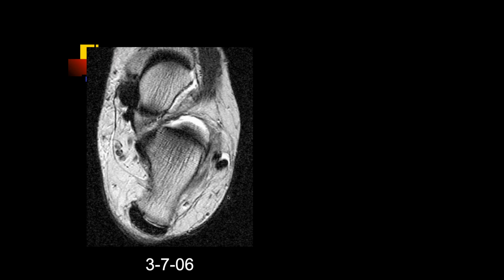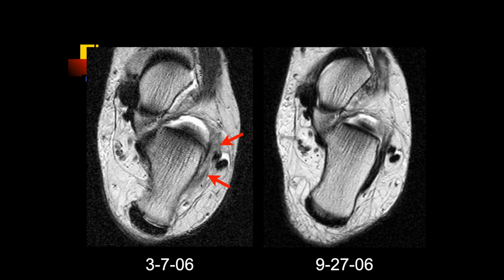So this is on March 7, 2006. I'm guessing we're at the level of the calcaneofibular ligament, and I don't really see a good ligament there. Okay, so this is 3/7/06. This is 6.5 months later. It looks like we have a normal fibulo-calcaneal ligament, well, a little bit thickened actually.